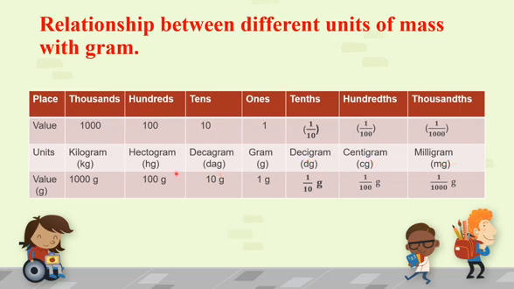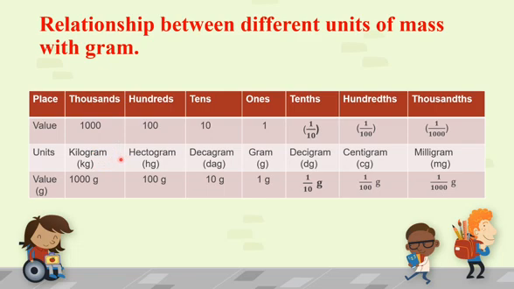Everywhere you will see that these are the prefixes, and these prefixes are fixed. These are the same whether you are talking about measures of length, measures of mass, or measures of capacity. Everywhere these prefixes will remain the same. Only your base unit will keep changing.